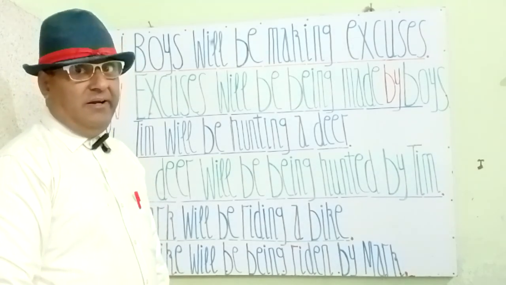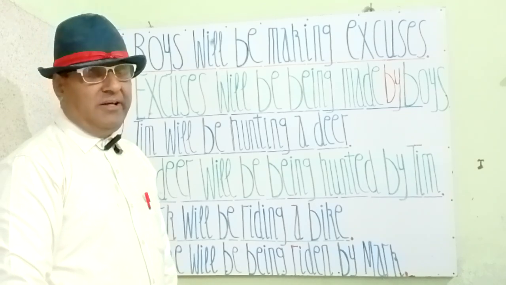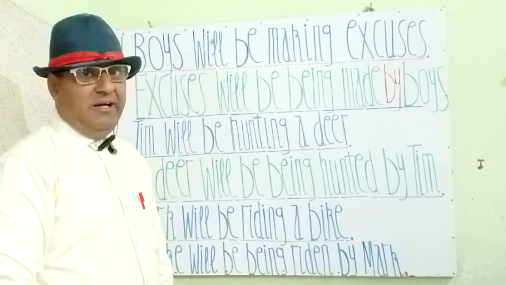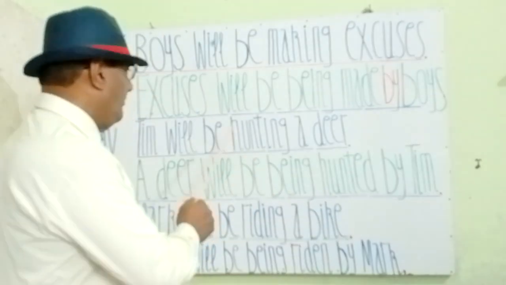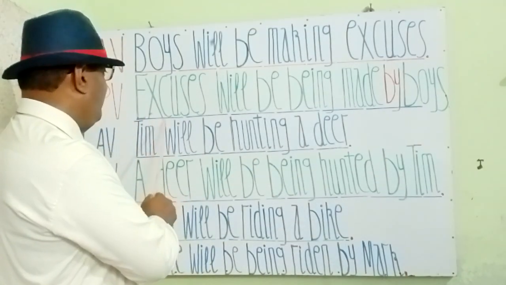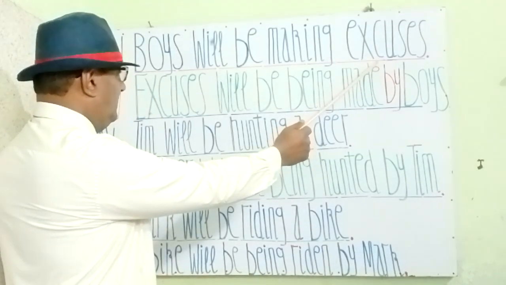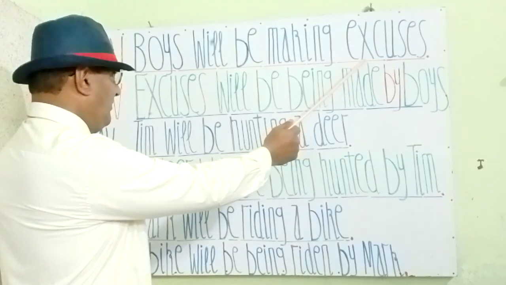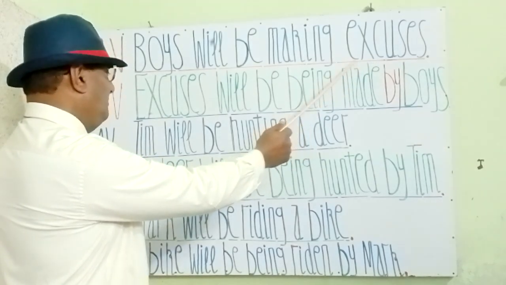Boys will be making excuses. Let's see how it's going to change in passive. You see the passive statement. By rules, excuses is an object. When we start the passive writing, this excuses will stand as a subject here.